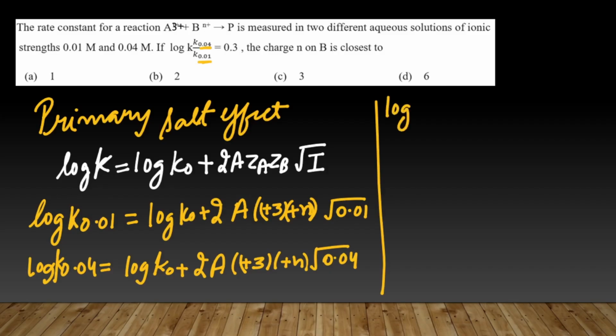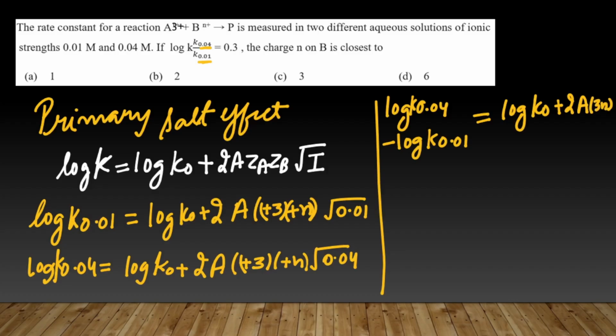Subtracting these two, log of the rate constant when the ionic strength is 0.04, minus log of K when the ionic strength is 0.01, will be equal to log of K naught plus 2A, 3N into the root of 0.04, minus log of K naught plus 2A into plus 3N into the root of 0.01. So the log K naught values get cancelled out.